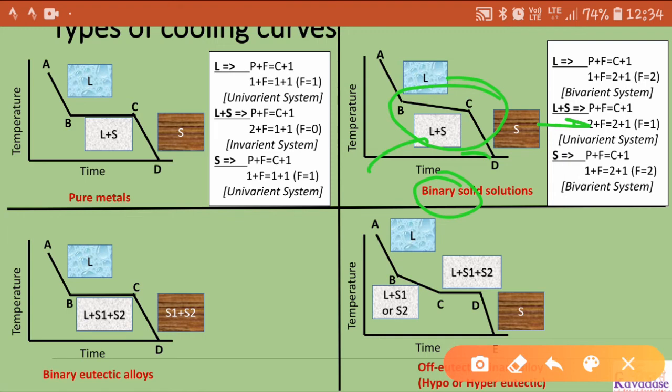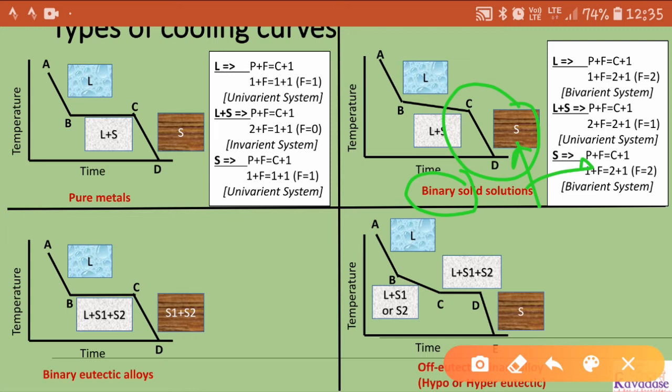Then at C to D, the solid phase is there, only one phase, and binary means 2 components. So after substituting the values of P and C you will get F is equal to 2, that is bivariant system. So in binary solid solution we will get bivariant, univariant and bivariant, and in pure metal you will get univariant, invariant and univariant.